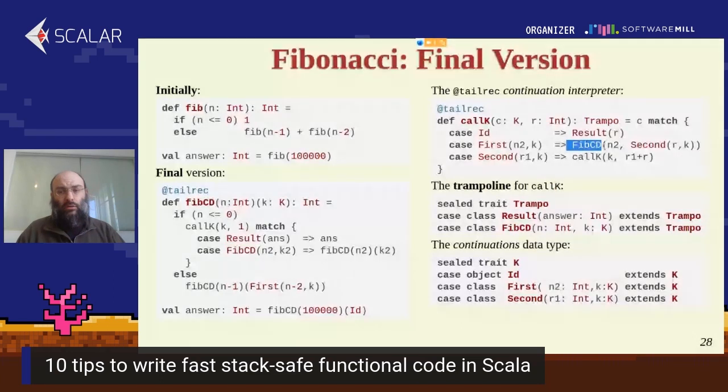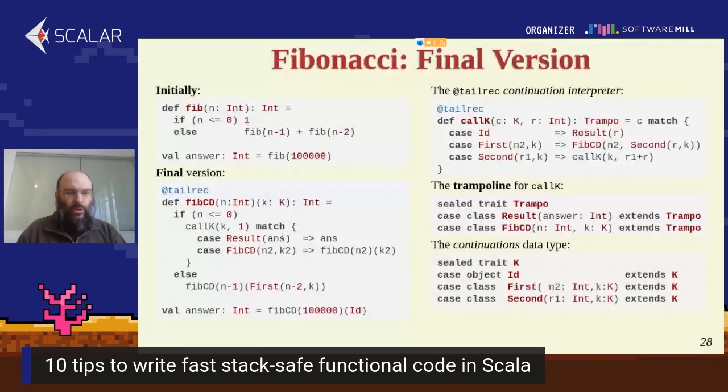When callK wants to call the Fibonacci function, actually it returns a value, the value of the type Trampoline, that says, yeah, that's not a result. What I want is to call Fibonacci. So that's juggling with the stack. And when you see that the function returns, just here, the call to K when it returns, the function says, okay, if the call to K is giving me a result, then that's a result.